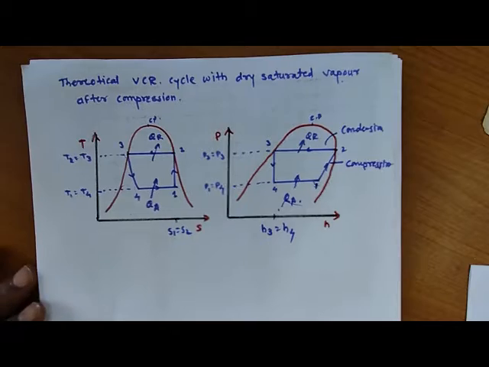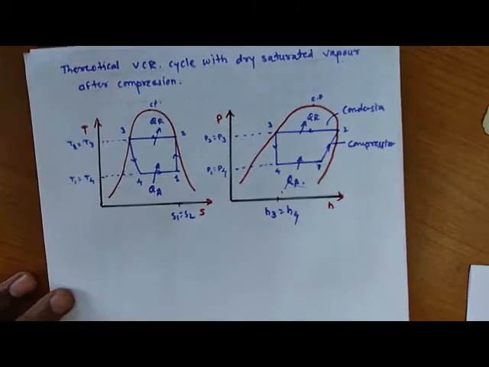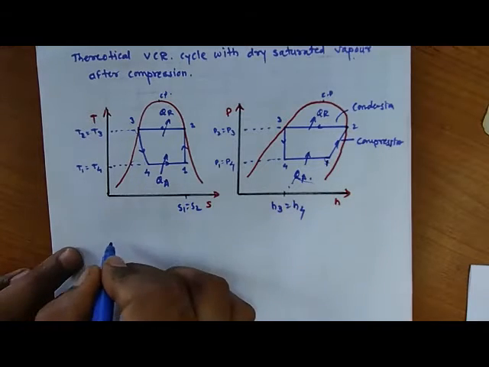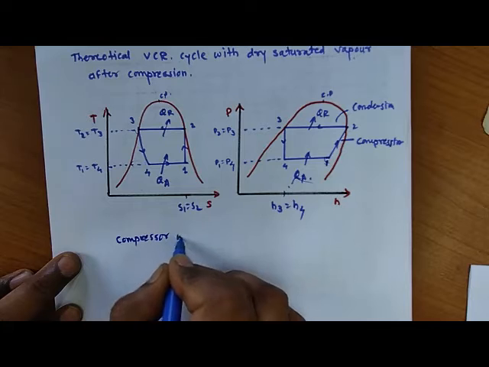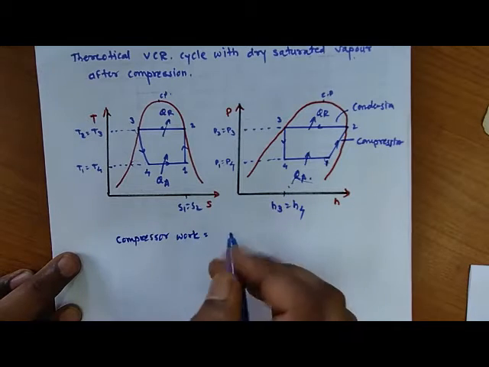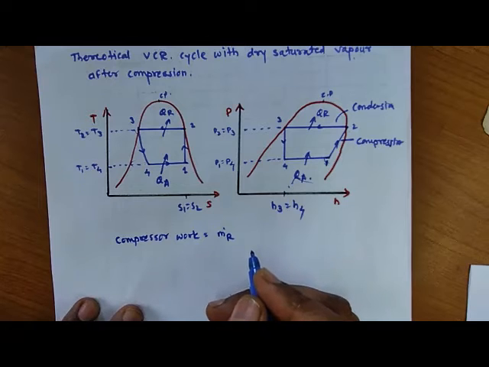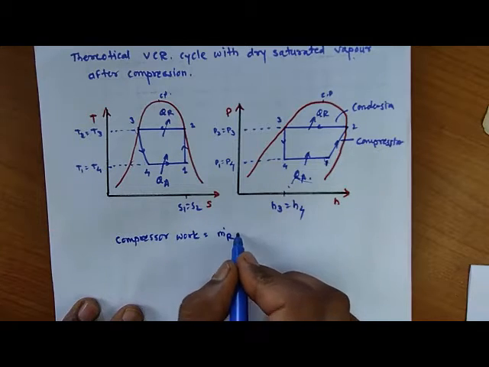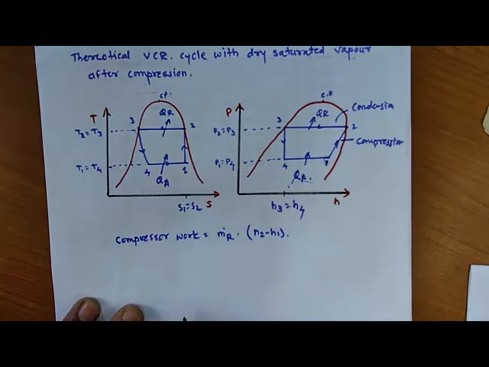Now we have here the compressor work. Compressor work is calculated as mass flow rate of refrigerant multiplied with H2 minus H1. Okay.